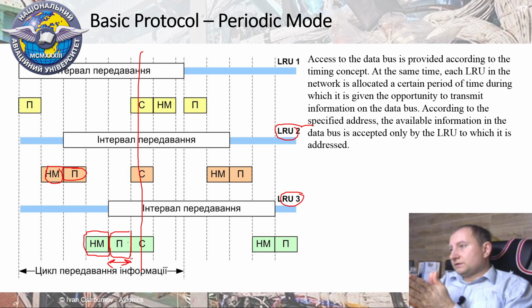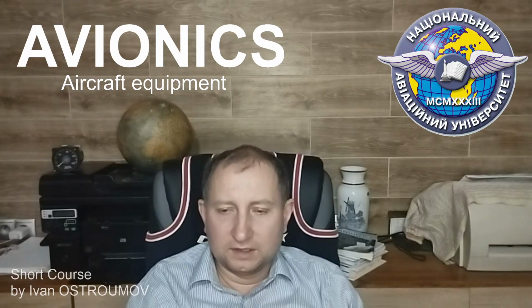And actually that's the most important thing that I would like to tell you about both of these channels. It is important that both of these channels, MIL-STD-1553 and ARINC 629, are quite different from ARINC 429.